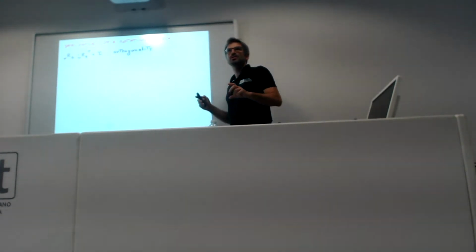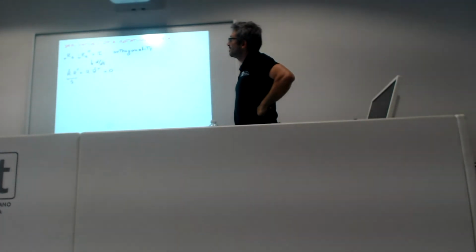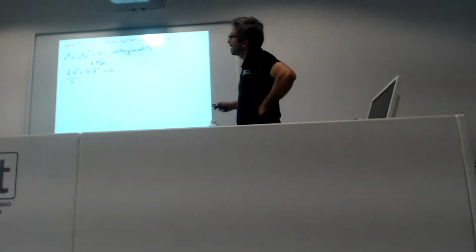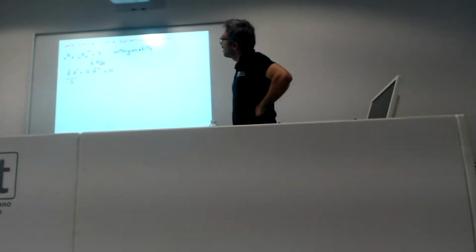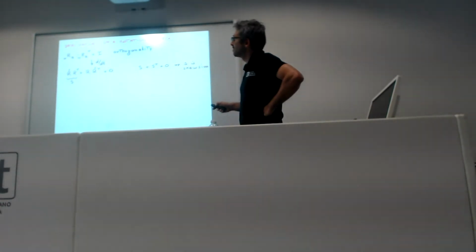Everything starts from the orthogonality condition, R transpose R equal to identity, so the inverse is equal to the transpose. We differentiate this and we get R dot transpose R plus R transpose R dot equal to 0. And we see that this matrix that is summed up to its transpose is equal to 0.